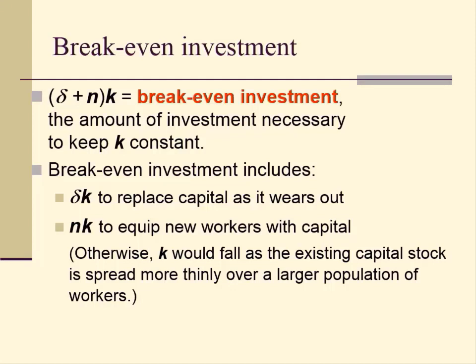Delta plus n times k is break-even investment. That is the amount of investment necessary to keep k constant. Break-even investment includes delta k to replace capital as it wears out, and nk to equip new workers with capital, because otherwise k would fall as the existing capital stock is spread more thinly over a larger population of workers.